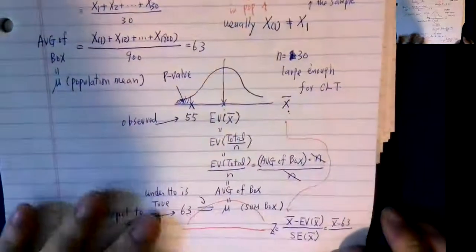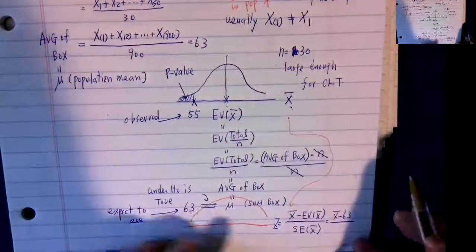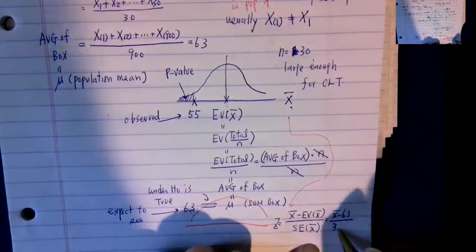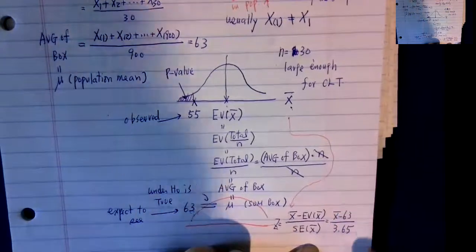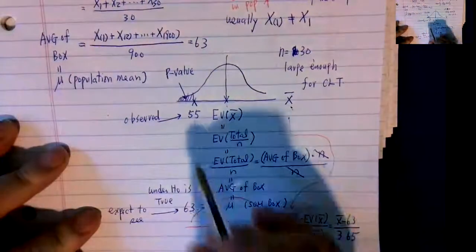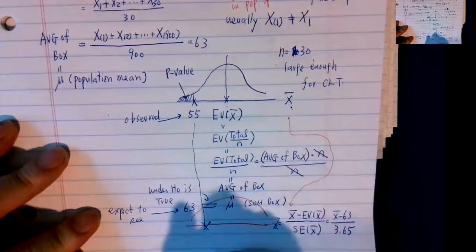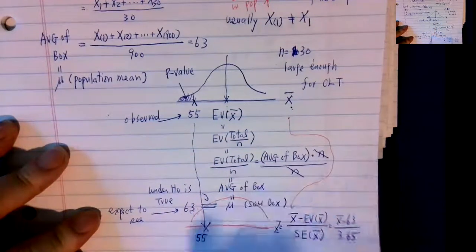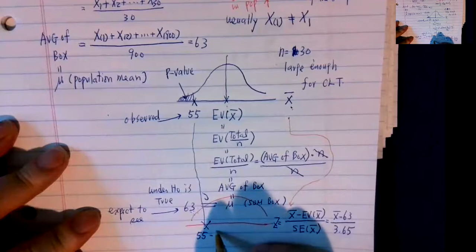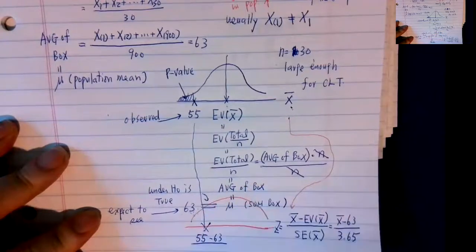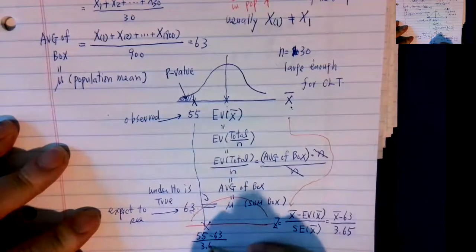So let's come back to the picture now. This number here is 3.65. So let's look here: 55 minus 63, divided by 3.65.